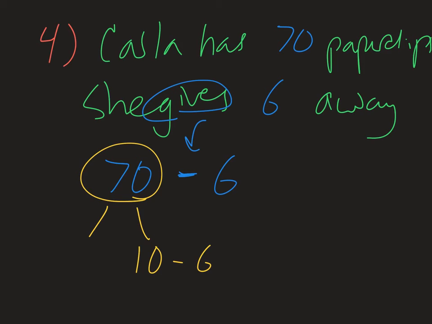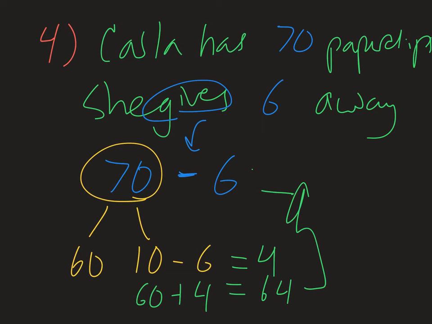But before we do this part over here, what goes into this piece? 70, when you go down by 10, gives us 60. So 60 and 10, and then we're going to subtract 6 from 10, and that gives us 4. And now we add 60 and 4 together, and we get 64. So she has 64 paper clips.